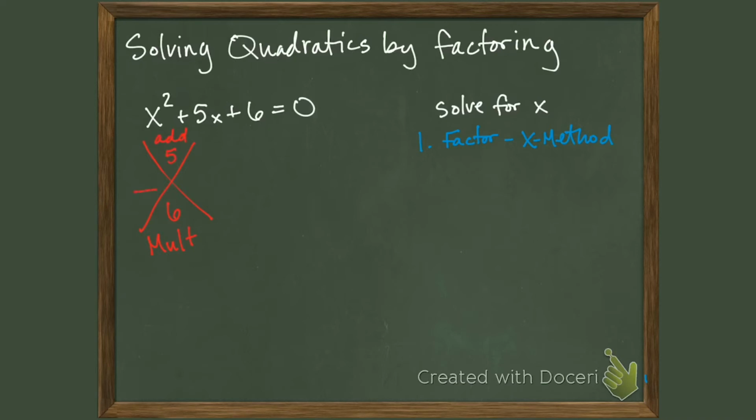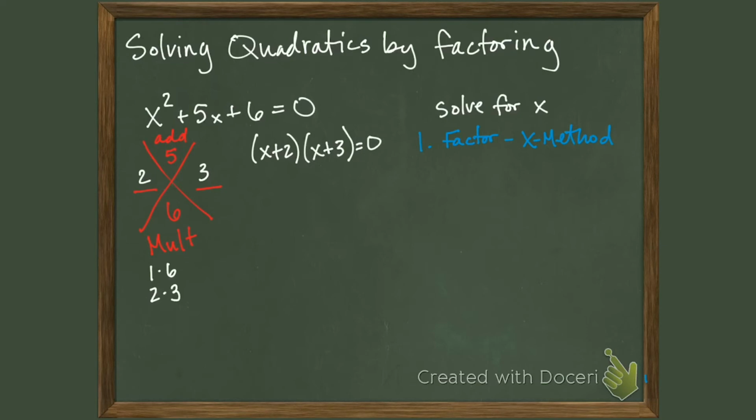Whatever those 2 numbers are, that's what's gonna break apart, and that's how we're gonna be able to factor this quadratic equation. Well, that's 1 times 6 and 2 times 3. They also have to add to get me 5, so it has to be 2 and 3. So the factored form is this right here. That was step 1. I'm not done.